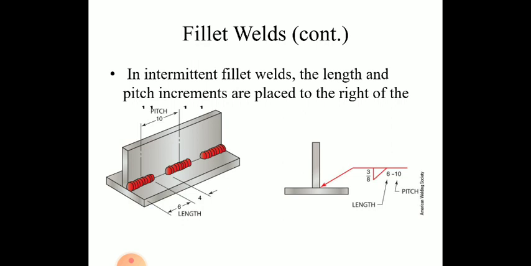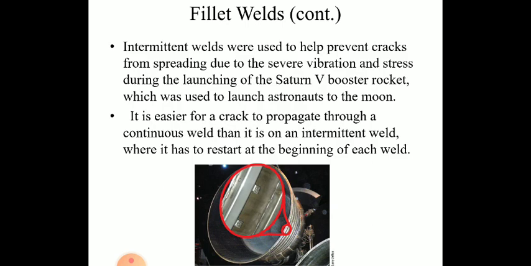See, this is a particular practical example. The intermediate weld is used to help prevent a crack from spreading due to the severe vibration and stresses in launching the Saturn V booster rocket. So we provide this kind of weld, which was used in the launch of the astronauts to the moon. That is the particular case study and the symbol is shown over here.